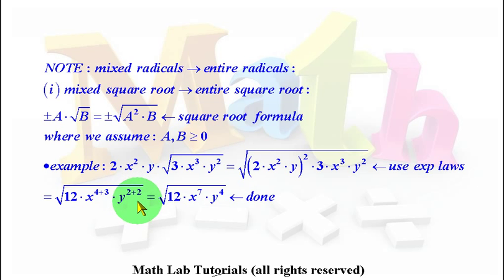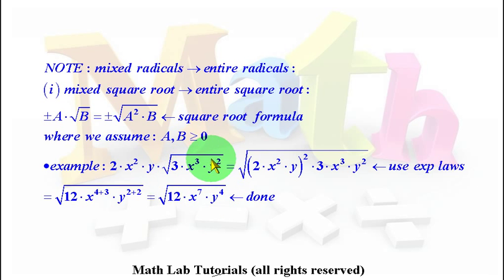If we continue to simplify, we get square root 12 dot x to the power 7 dot y to the power 4, and we are done. So we've converted this mixed radical into an entire radical. In other words, this radical is like a jail containing everything.